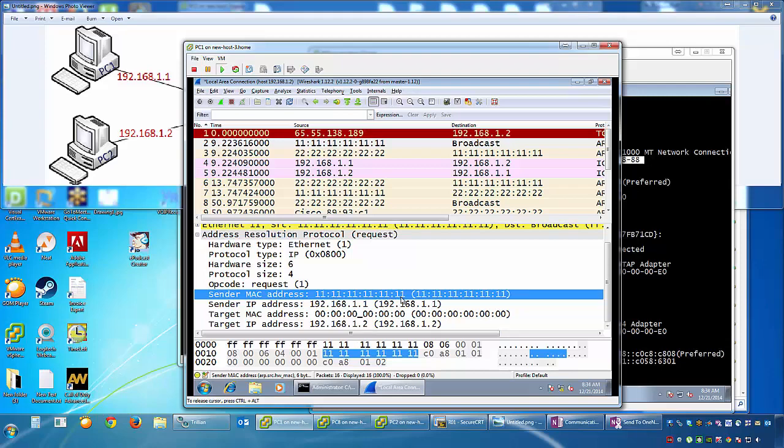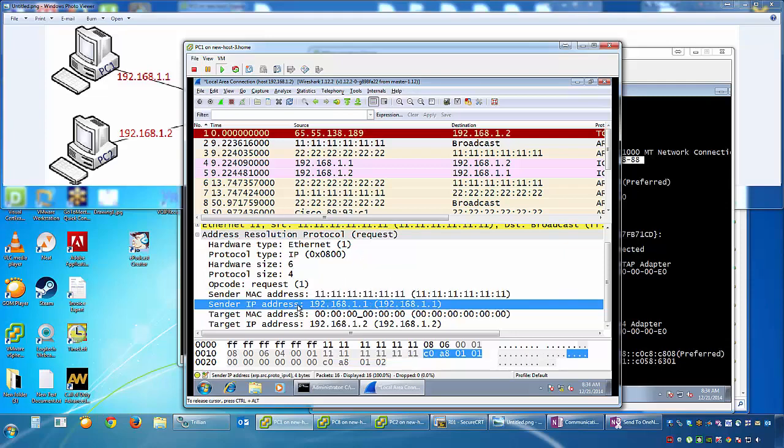Now, isn't that nice to know who sent it? It is. Because now, when I need to go reply to this, I know who sent it, so I can make sure that I send it back to 1.1.1.1. I have the sender's IP address in there. That's nice to know as well. So I can send it back to the IP address and the MAC address.